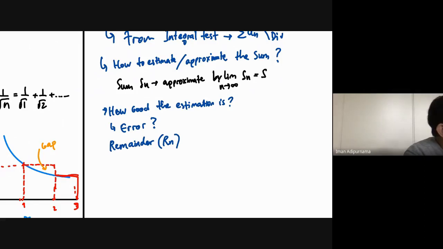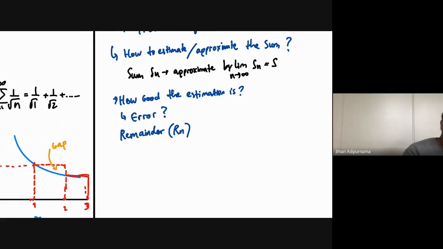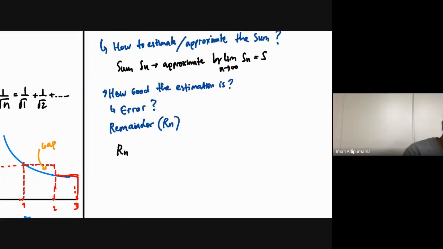If you want to find a factor and when you divide it's not completely divided, it results in something left over. That something left over is the remainder. In the series, the remainder is defined by the difference between S and Sn.